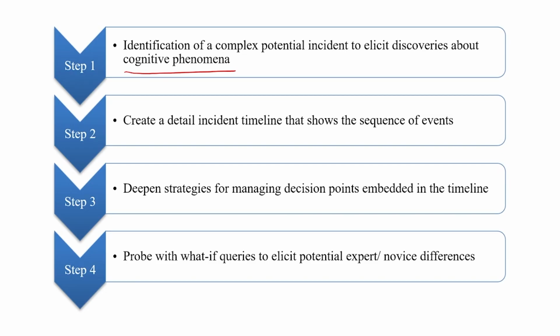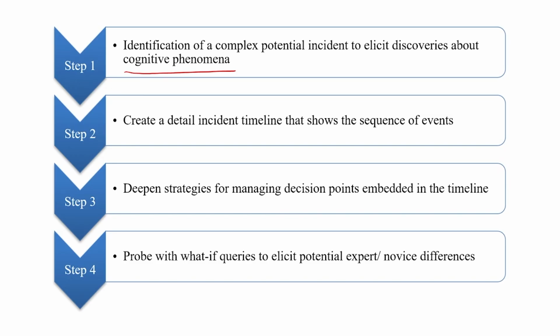In the second step, we create a detailed incident timeline. When we are talking about decision making or the critical decision method, there is an incident and we try to understand what happened in step 1, what happened in second, what happened in third.